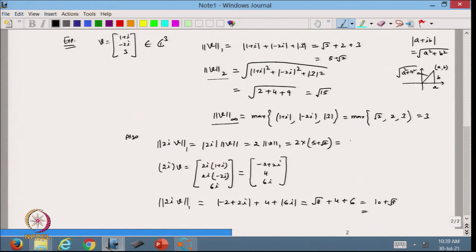And if you see from here, it is 10 plus 2 root 2, and that is 10 plus 8 root 2. So this is the same as this value.